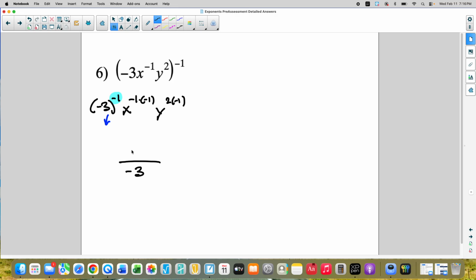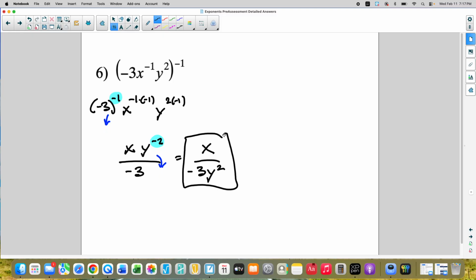This is going to be x to the +1, and this is going to be y to the -2. So now I have to also move this down into the denominator, leaving me with x over -3 y squared. Good? Cool.